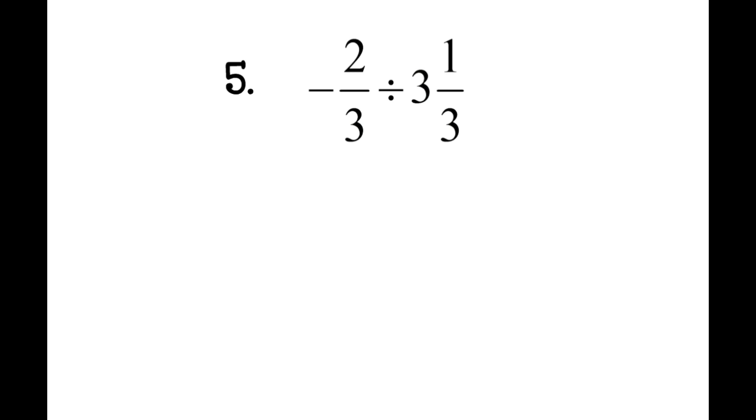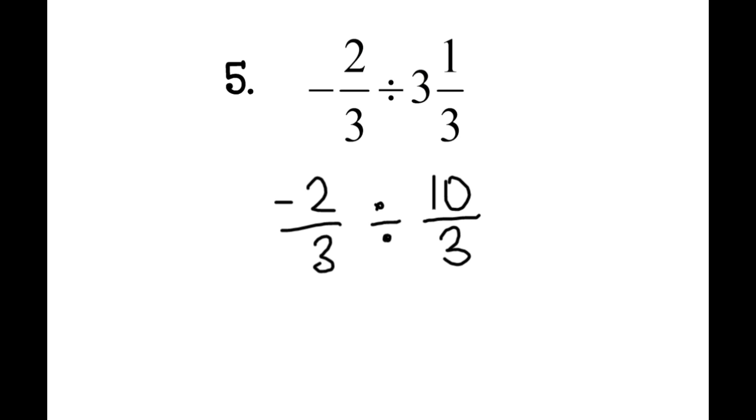Number 5, I have -2/3 divided by 3 and 1/3. I'm going to make this mixed number improper so that it's easier to work with. So 3 times 3 is 9, plus 1 is 10. So I have -2/3 divided by 10/3, and then I keep my -2/3. I flip my 10/3 to be 3/10, and I change my division to multiplication.